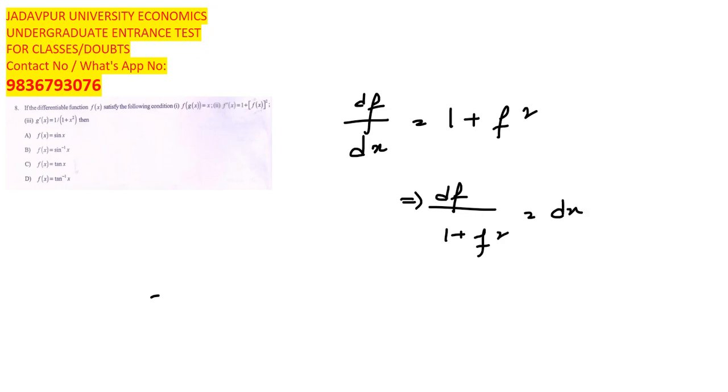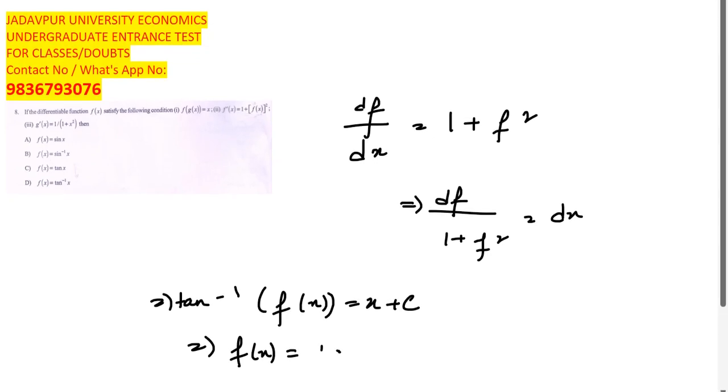Okay, so tan inverse f of x is x plus c, or f of x is equal to tan of x plus c. So we need a specific function. So here f of x is equal to tan x if I take, then we'll check the options.